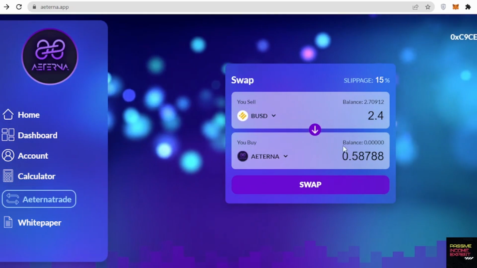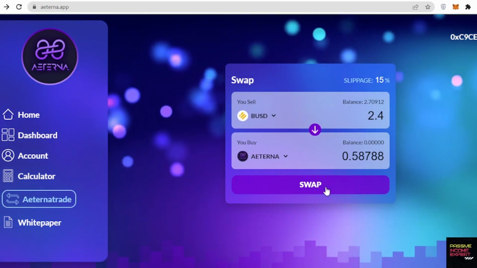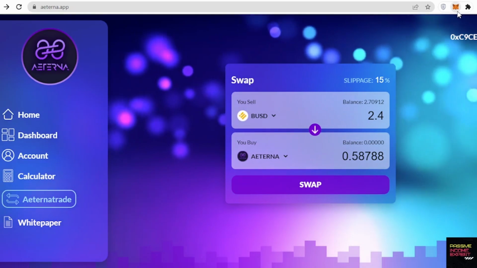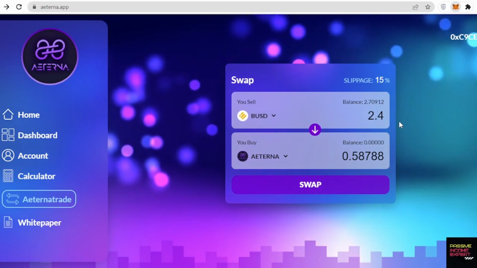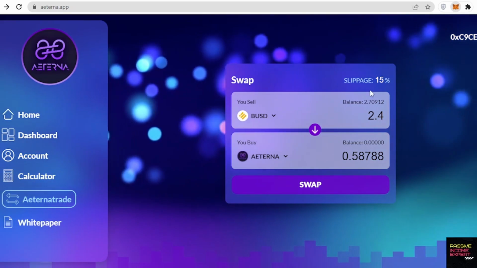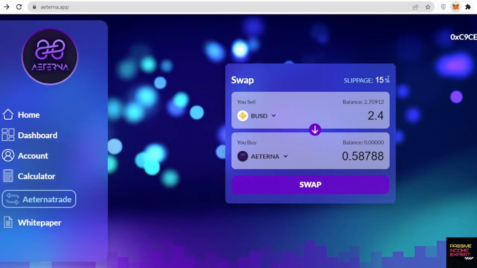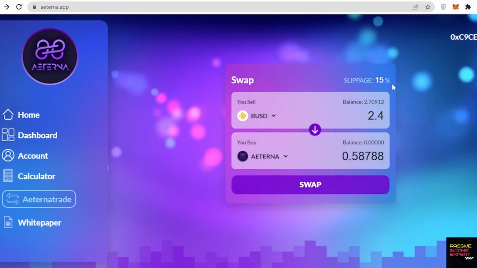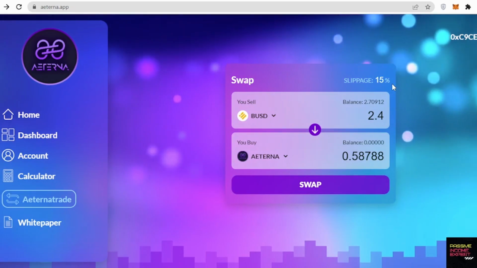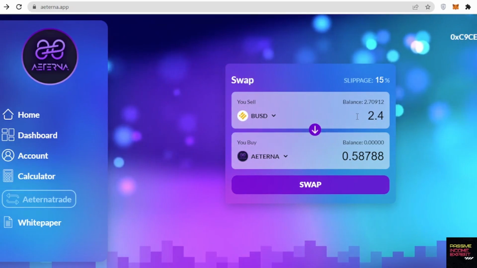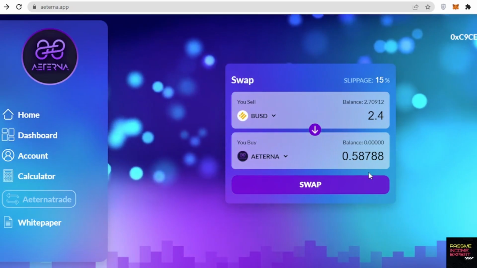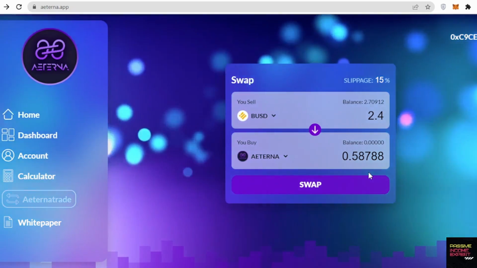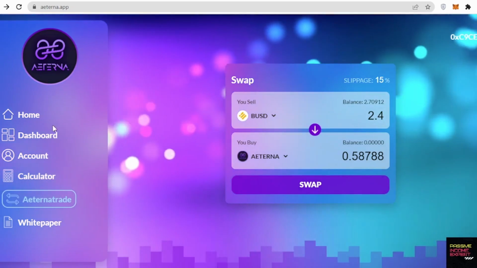The moment I click on swap, it will ask me to accept a transaction in the pop-up window. It will charge around 15% as they have already mentioned on their main page. So that's your deposit or slippage tax. Once I click on swap, automatically I will be getting Eterna in my wallet. And that's how you can buy their token.